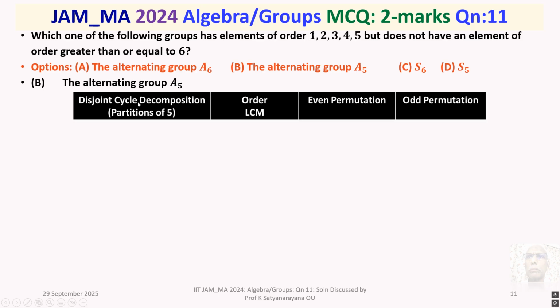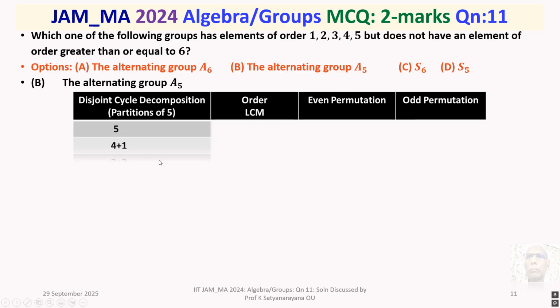For this, we take the elements of S5, and from that we find out the elements of A5. The partitions of 5 I have already written. These are the partitions of 5.